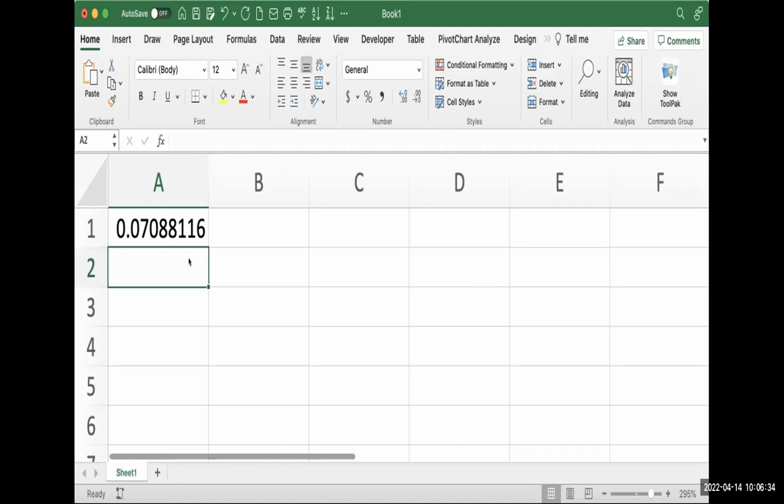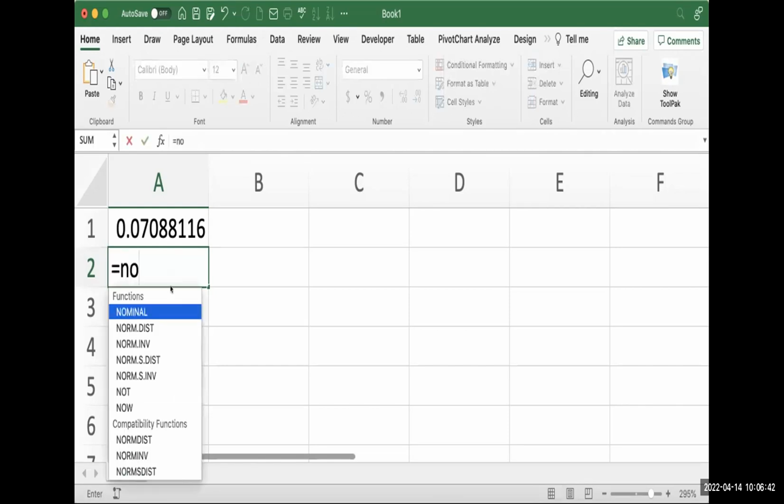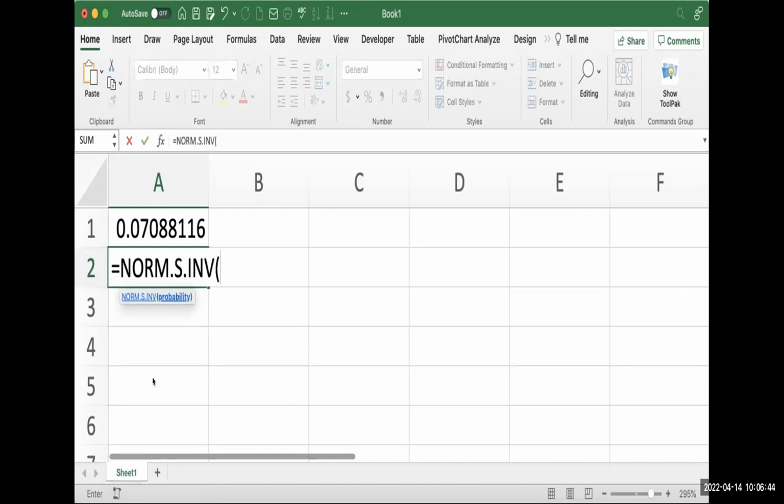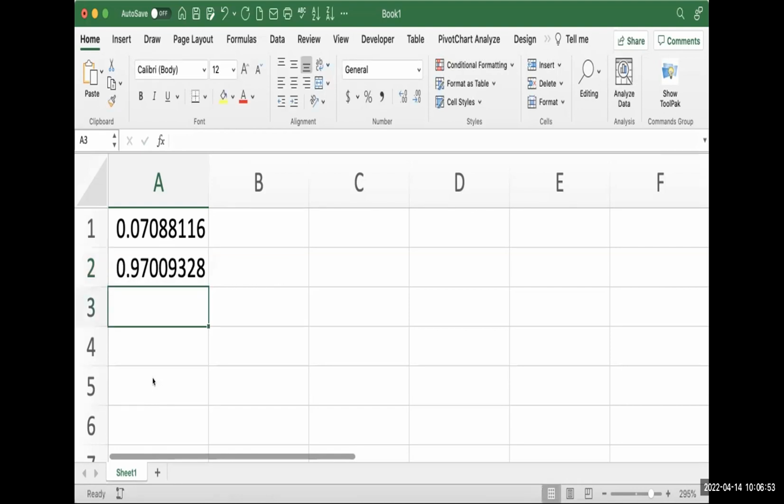I'm going to use the standardized inverse norm. Let's do NORM.S.INV of 1 minus 0.1160, and you get 0.97009328.